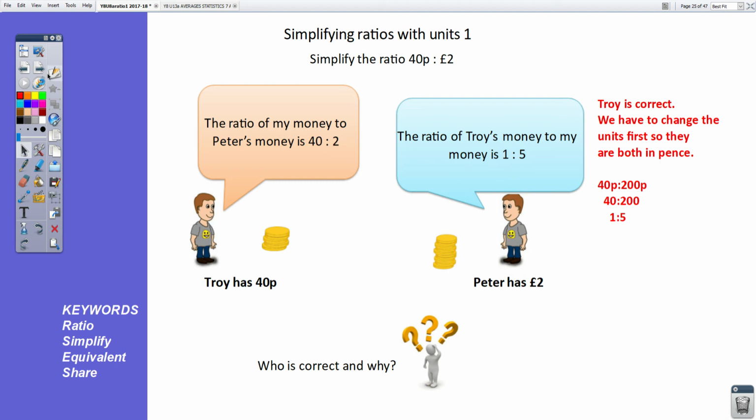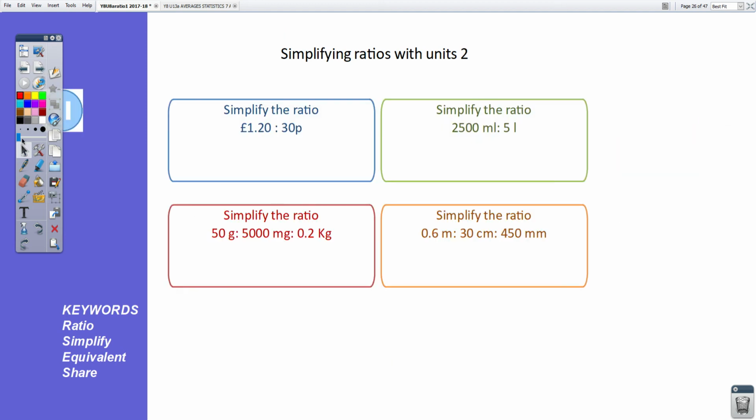Slightly trickier. Here are some questions for you to have a go at. Teacher, if you could pause the video please and press play when you're ready to mark the answers. Okay, let's have a look.